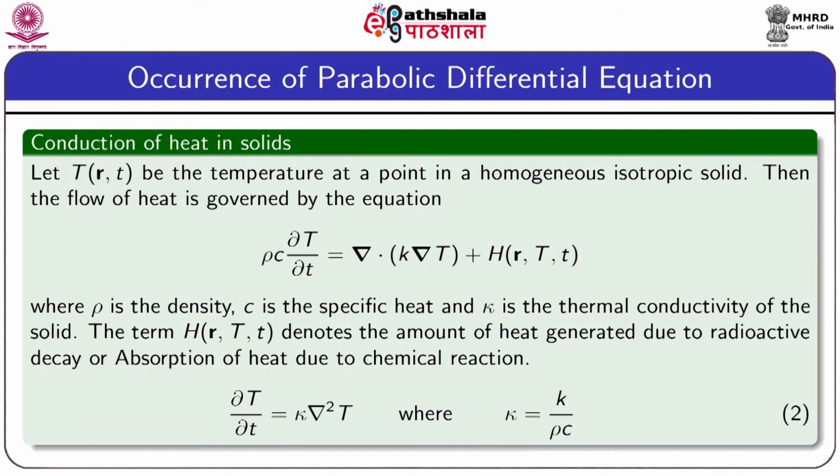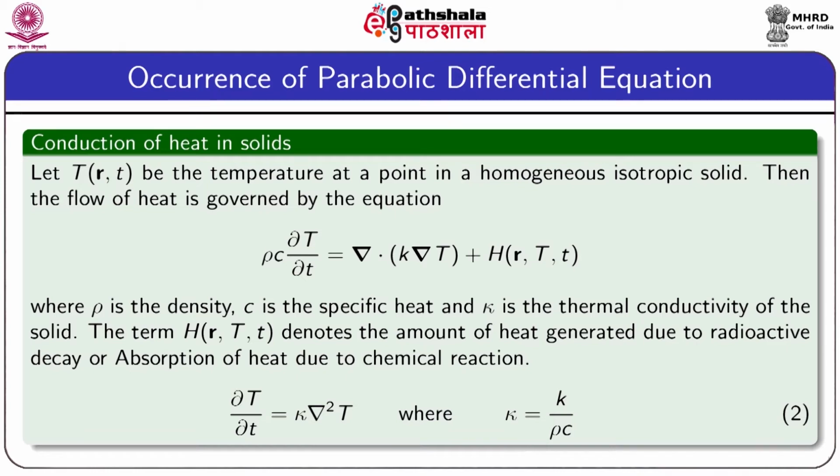In the equation, the term capital H, which is a function of r and t, denotes the amount of heat generated due to radioactive decay or absorption of heat due to chemical reaction.